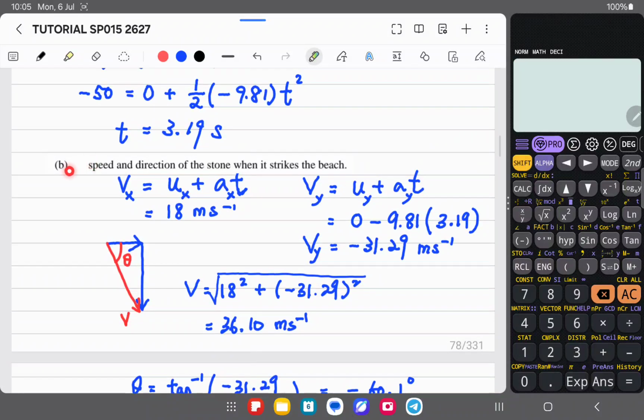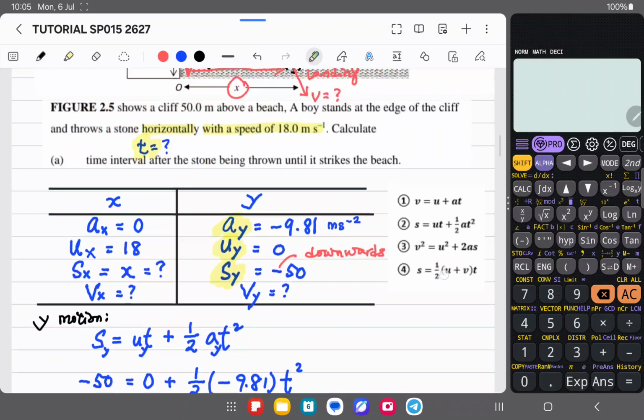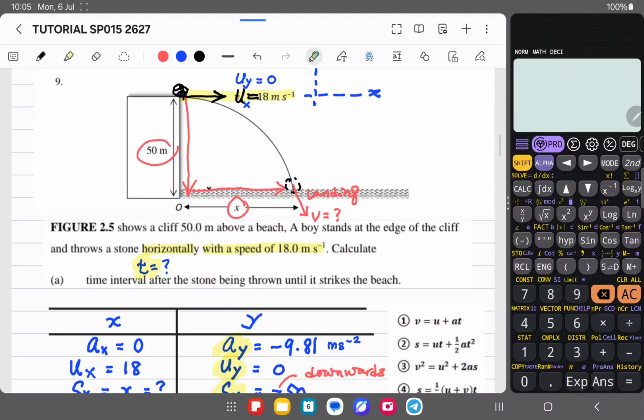Then we move on to the second question. We want to find the speed and the direction of the stone as it strikes the beach. As the stone strikes the beach, we have a certain value of velocity at a particular angle. We know this final velocity must consist of component x and component y.